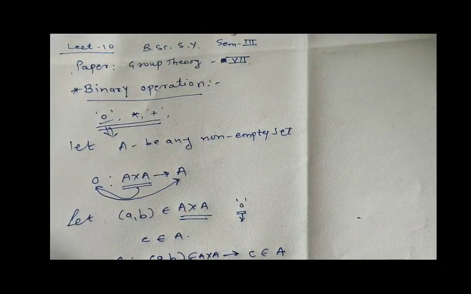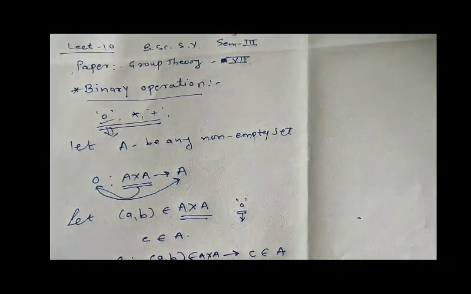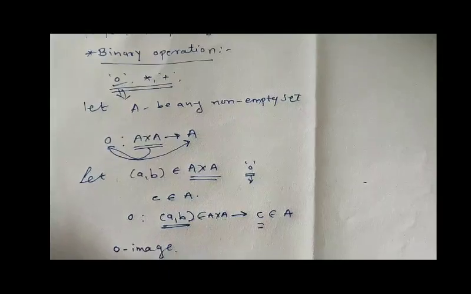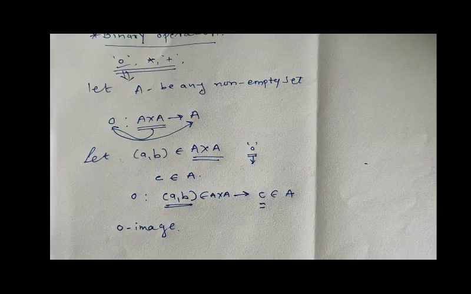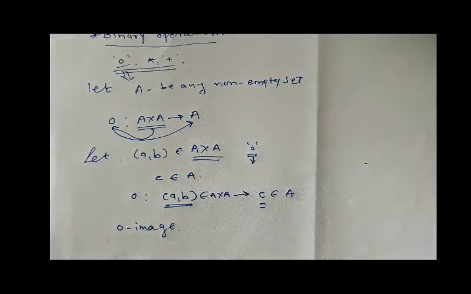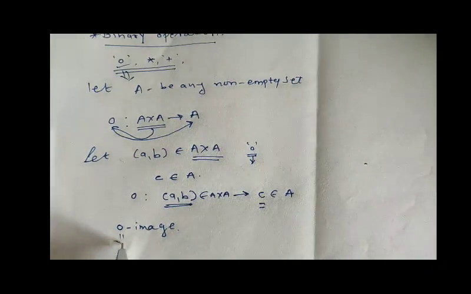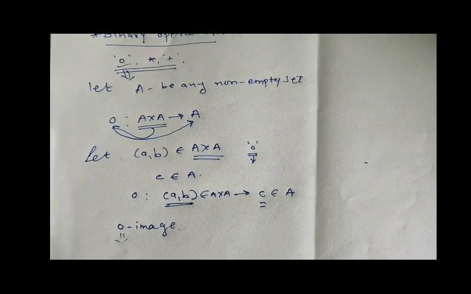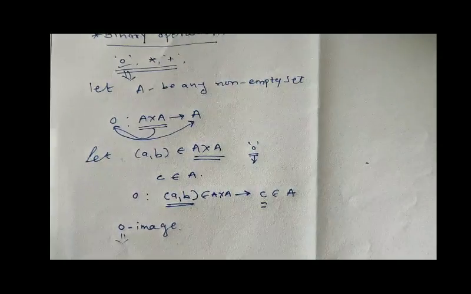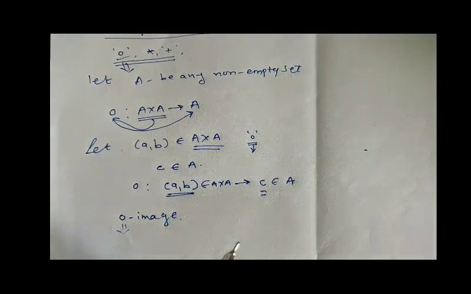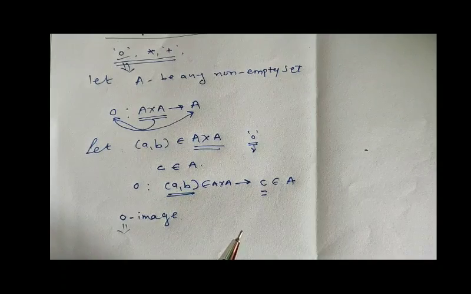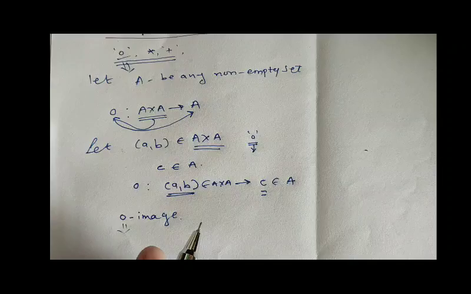I indicate this by this symbol, and this symbol is called the binary operation. Actually it is not zero, it is just a symbol, but we call it zero for our convention.